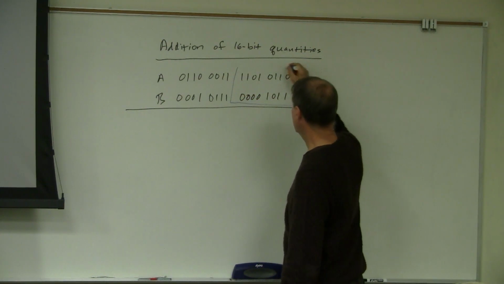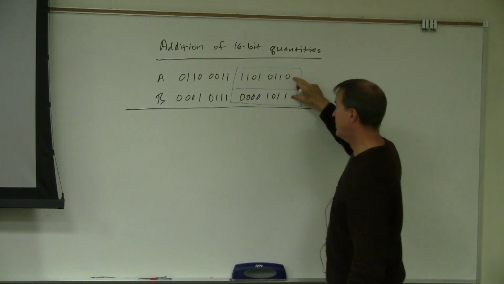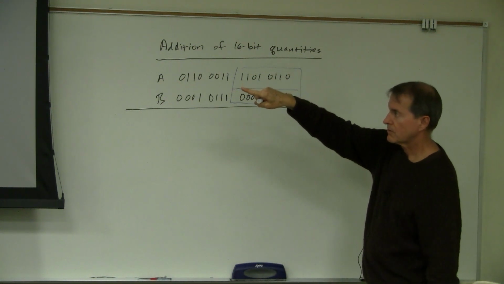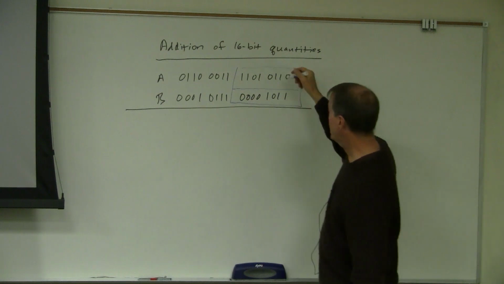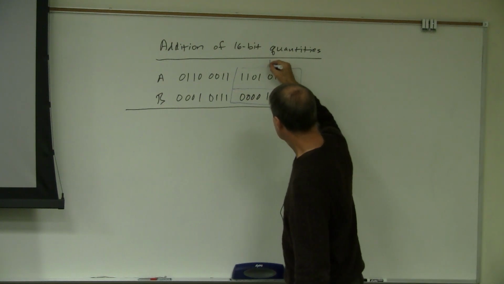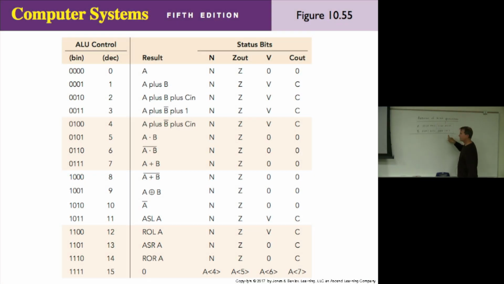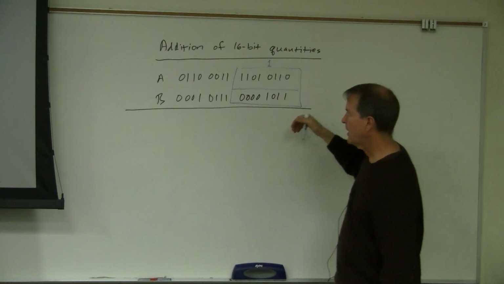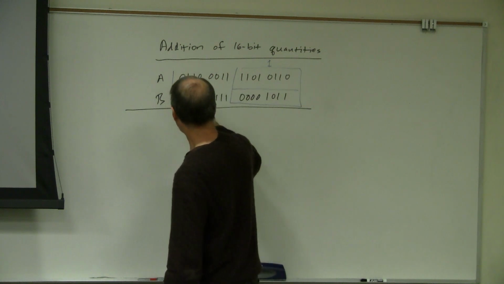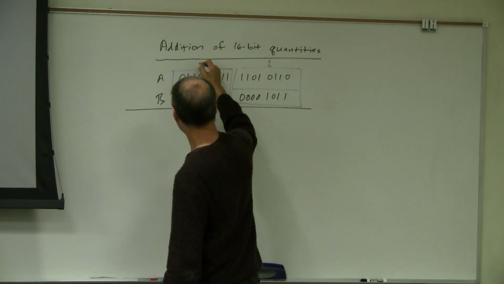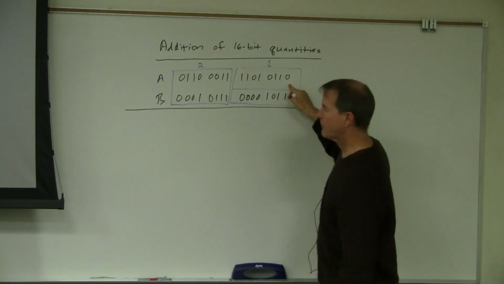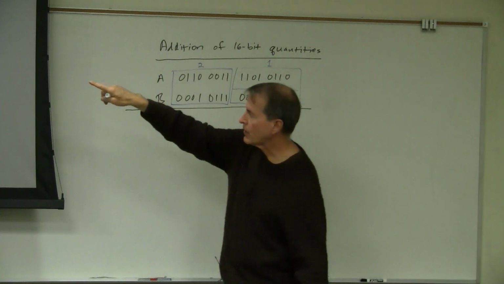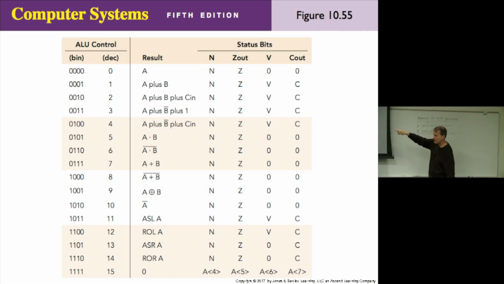We would add the low order bytes using function 1, because that would be A plus B, and there's no carry in. And then we would save the carry out, and then we would do function 2, and take the carry out from this, and do function 2, because that's A plus B plus carry in.